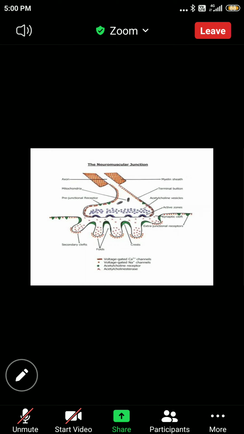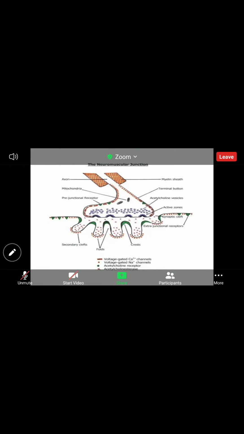Now acetylcholine will be destroyed by acetylcholine esterase after completion of the transmission of the impulse. Now, the moment sodium influx occurs, the influx of sodium is called the end plate potential, which is generated in the muscle membrane.